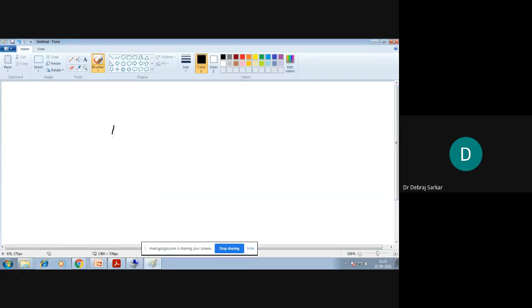Imagine this is a current source. This is a resistor. This is a resistor in parallel.